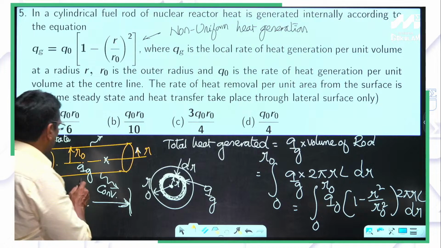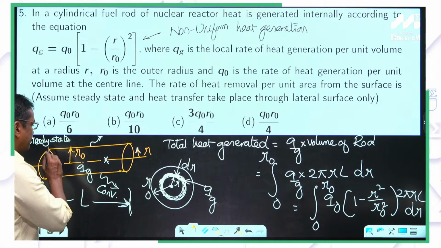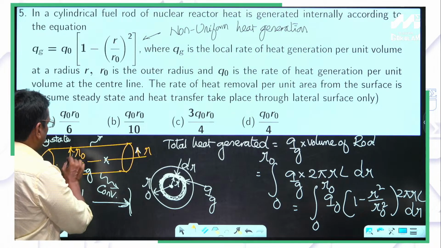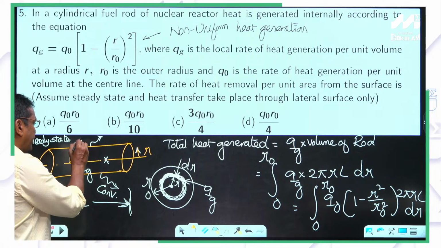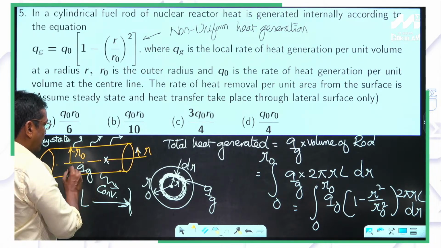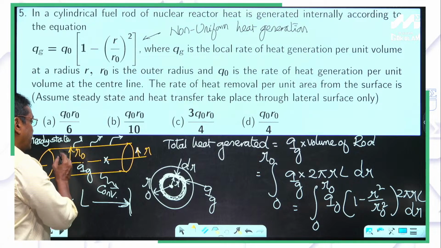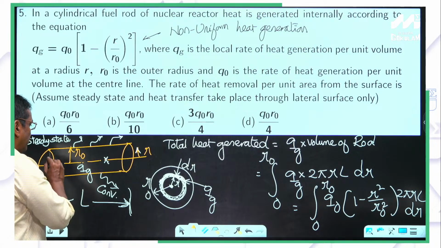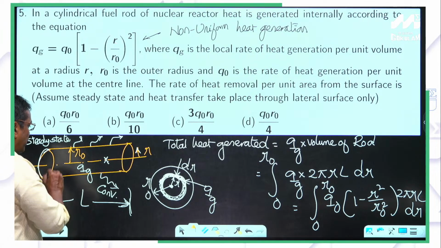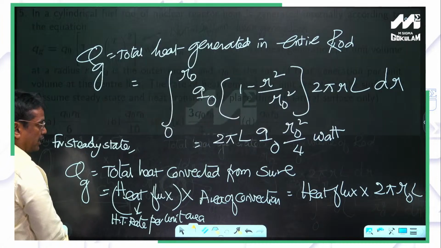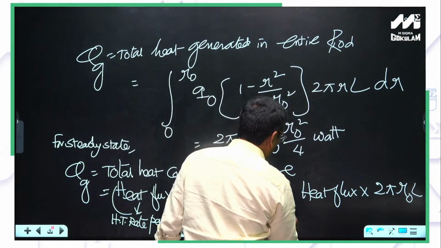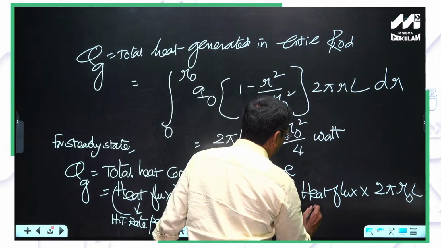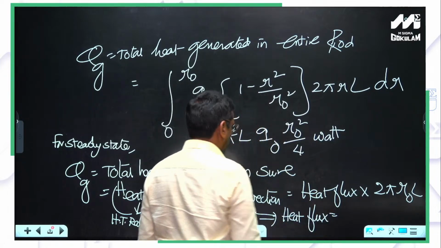For steady state, whatever heat is generated in the entire rod should be equal to the heat transfer rate from the entire rod to the fluid. What is the total heat transfer rate? Heat flux into area of heat transfer. What is the area of convection heat transfer? 2 pi r naught into length. From this we can calculate heat flux, which means heat transfer rate per unit area.